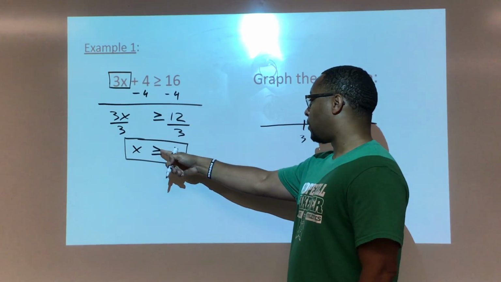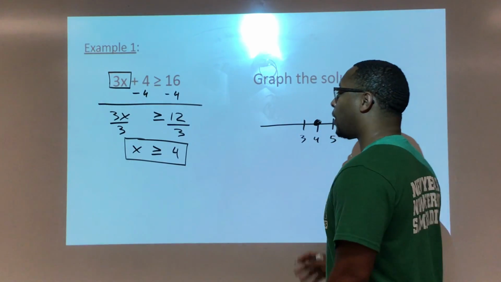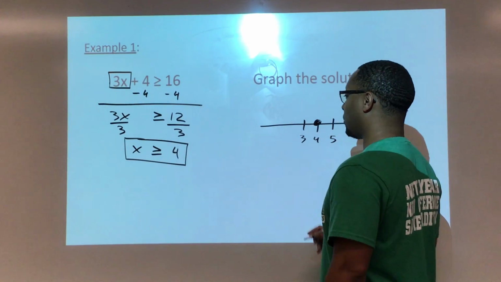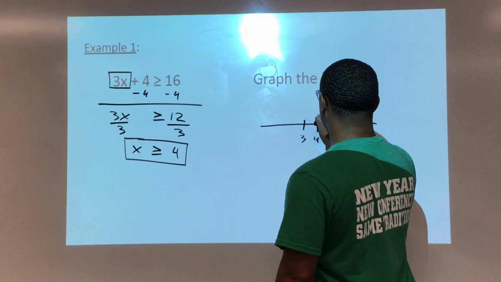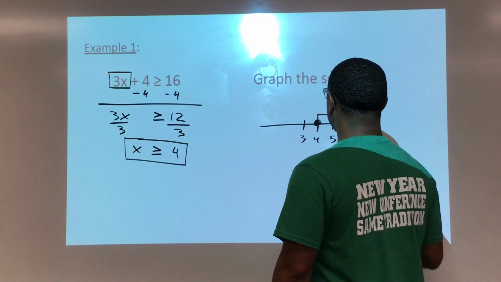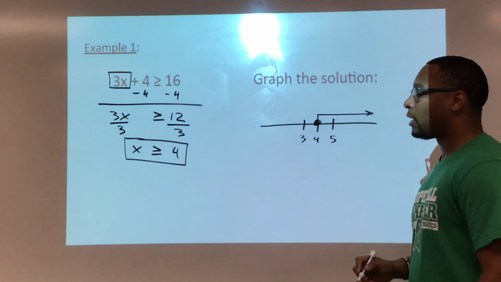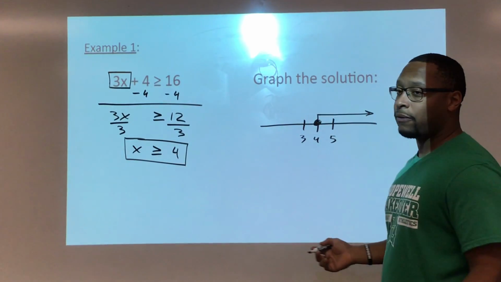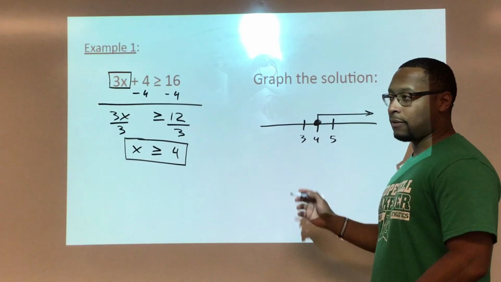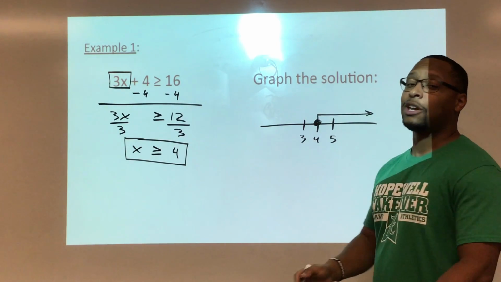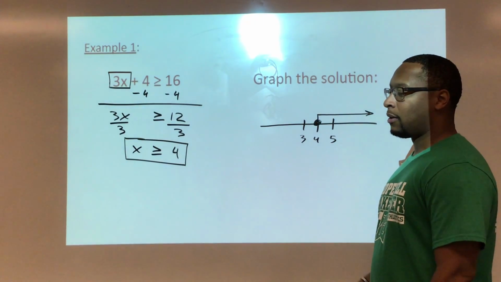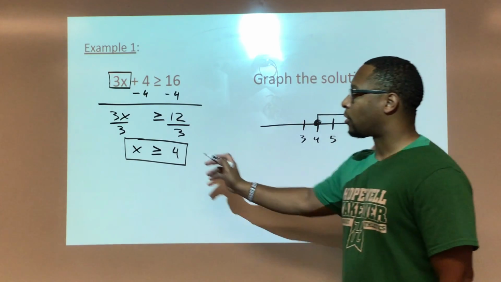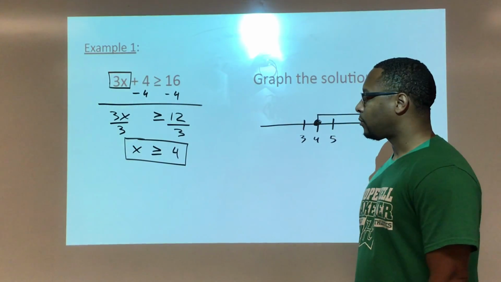Well, you look at which direction is your inequality symbol pointing, and it's pointing this direction. So this is clearly saying that x can be any number that is greater than or equal to 4. So therefore, x can be 5, x can be 6, x can be 1,000, because all the numbers that I just mentioned are greater than or equal to 4.